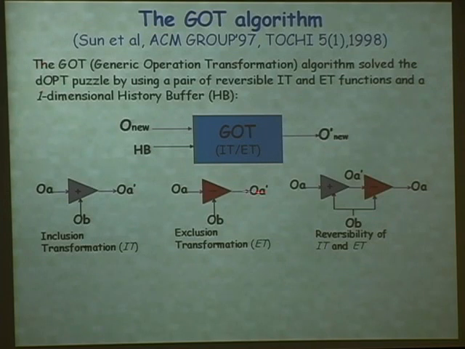This is a diagram of the algorithm. We take the new operation as one input, and we also use a linear buffer called the history buffer to log all the executed operations. These feed into the algorithm, which uses these two transformation functions and then produces the output.